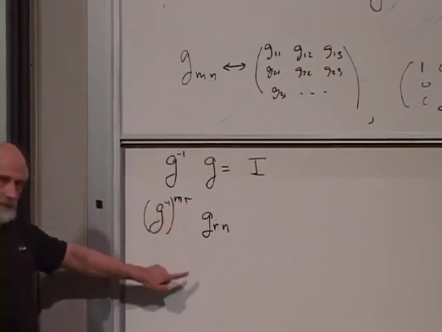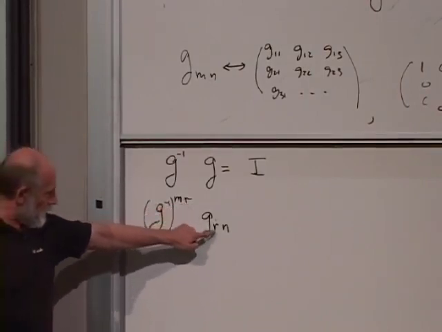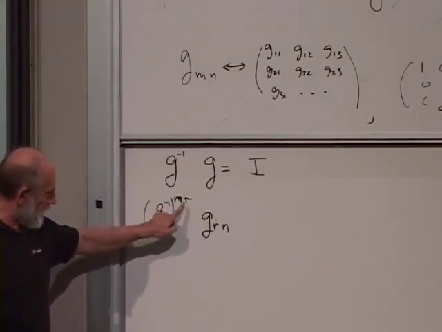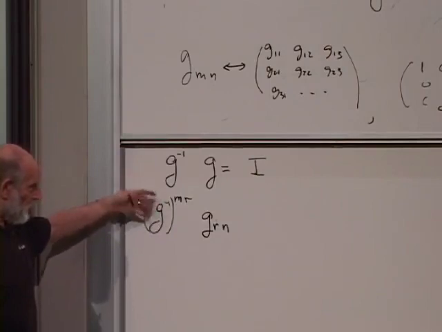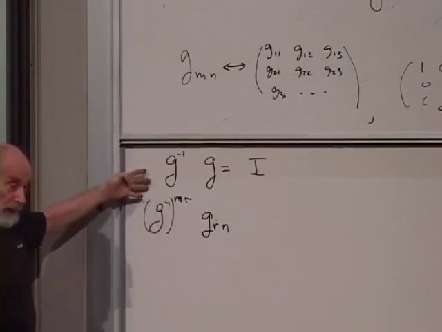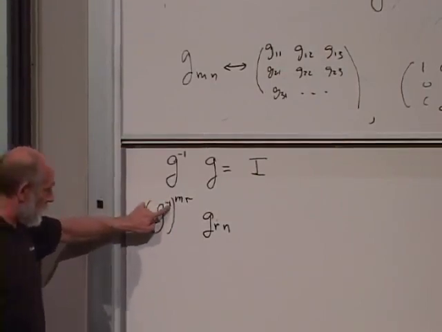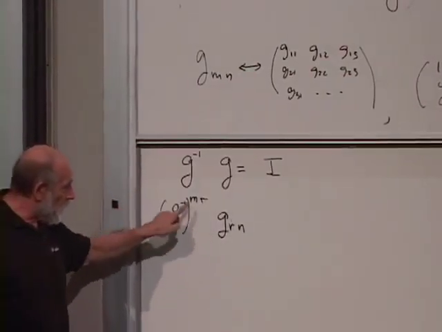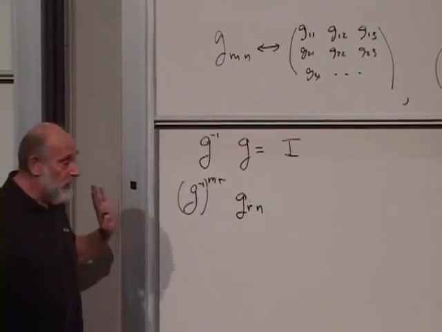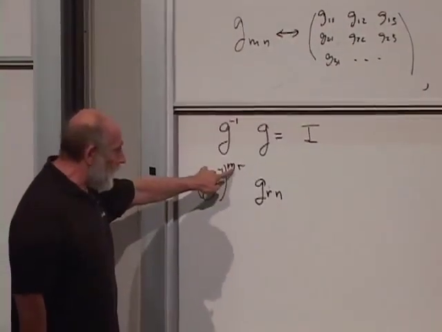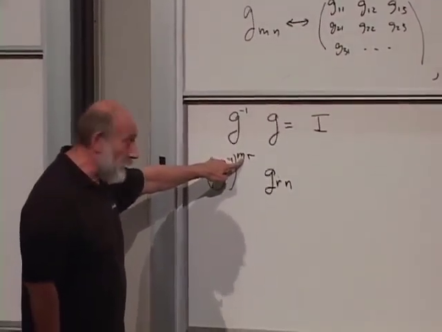Here's the standard rule for contracting indices. Take an upper index here. Now, so far, I haven't told you what I'm telling you now: the inverse matrix defines a tensor. The components of the inverse matrix define a tensor with upper indices, with contravariant indices.